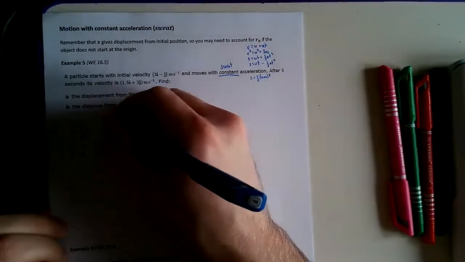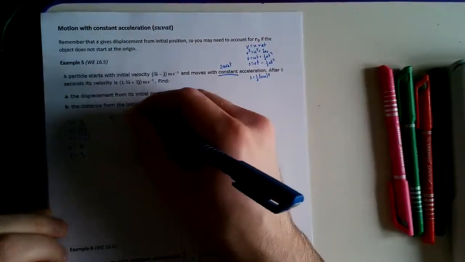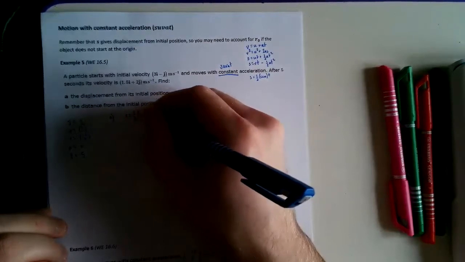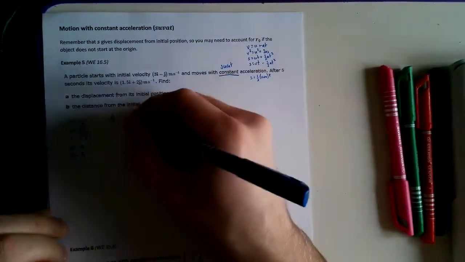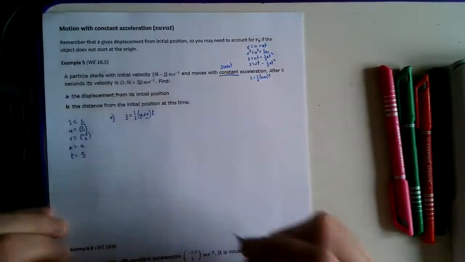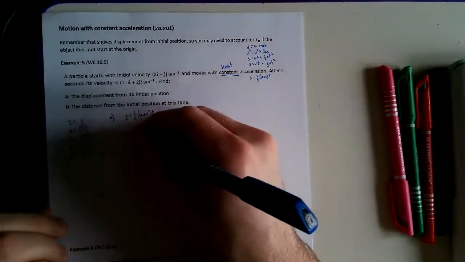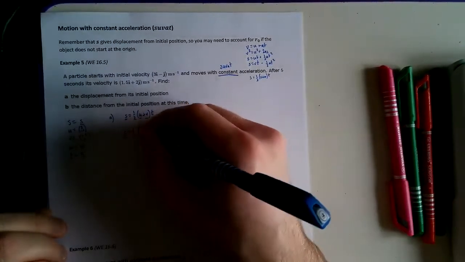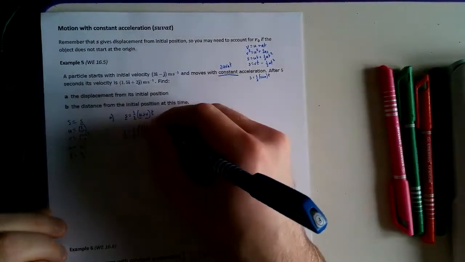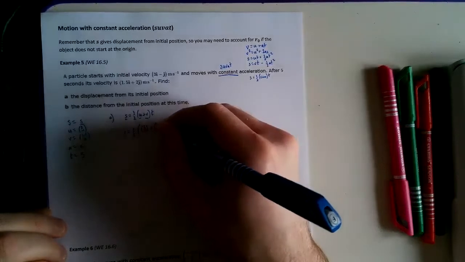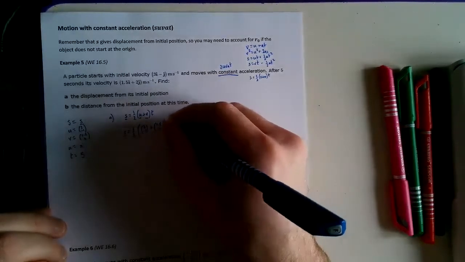So the formula without A is S equals half (U plus V) times T. Now I'm just going to underline which ones are vectors. So S, U, and V. So sub in what we know. Half times (3, minus 1 add 1.5, 2) all times 5.